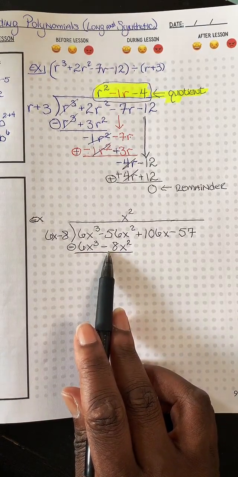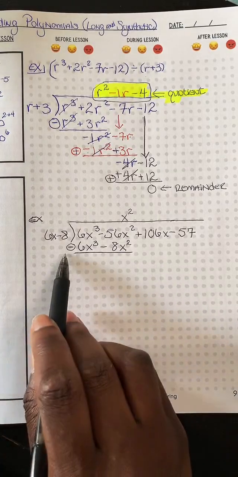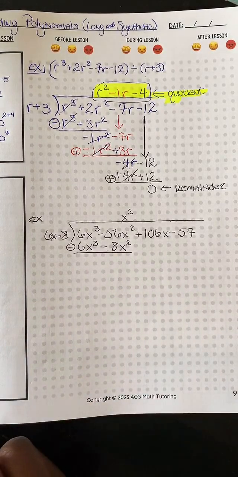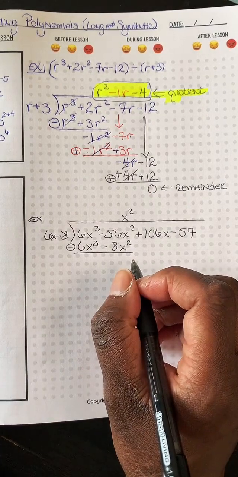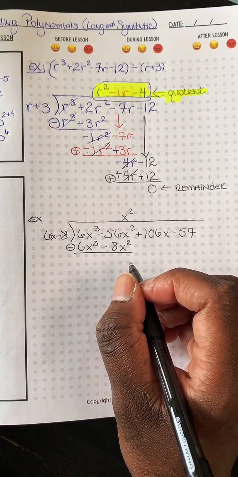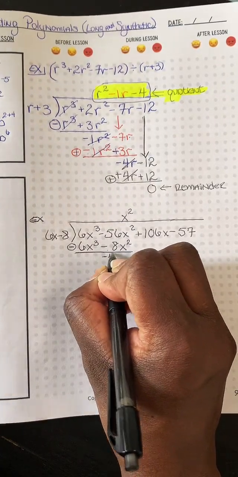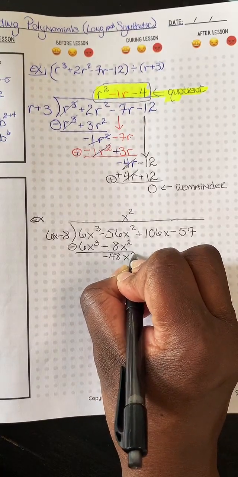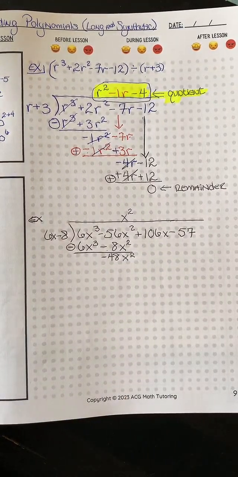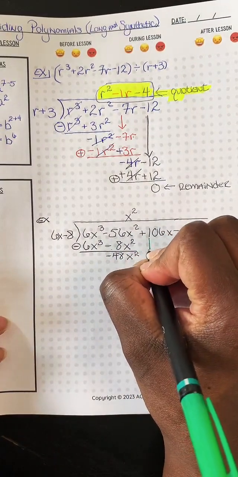So that's the same as saying negative 56 plus 8, because when you minus a negative, it turns positive. Okay? So if we have negative 56 plus 8, that gives me a negative 48x squared. And then what happens, we bring down the next term.